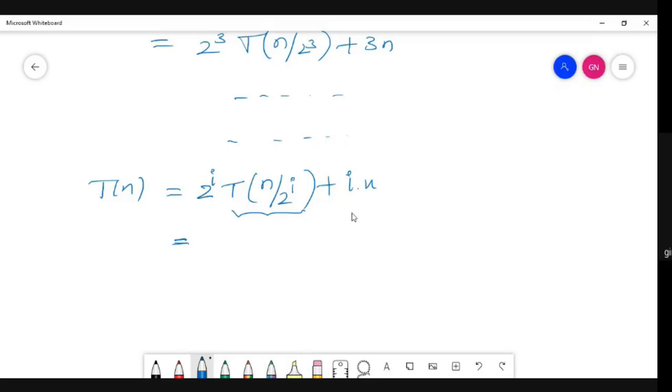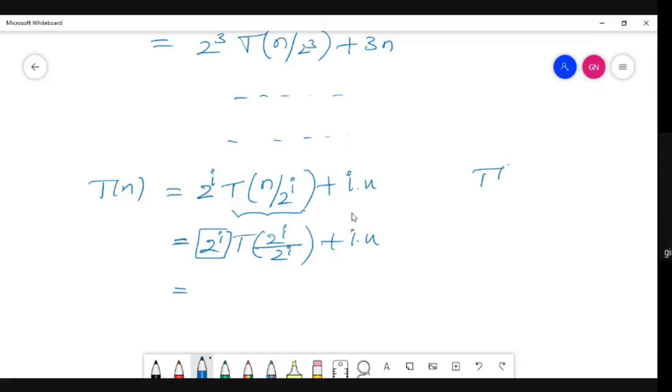In fact, when I take this 2 power i, T of 2 power i divided by 2 power i plus i into n, such a way that now, of course, I would have taken this as n. Let it be like that only. We'll just come to know that.